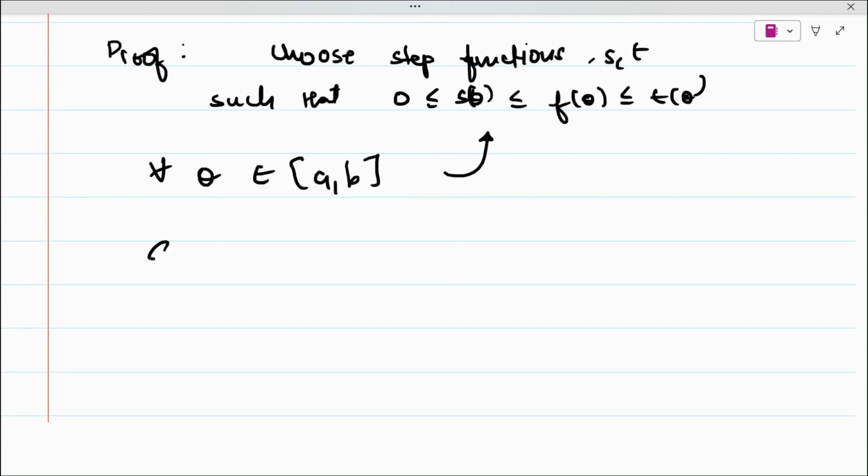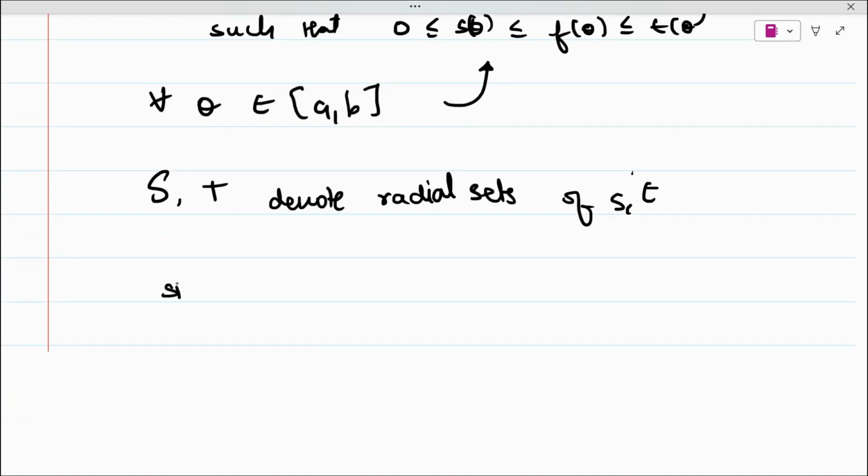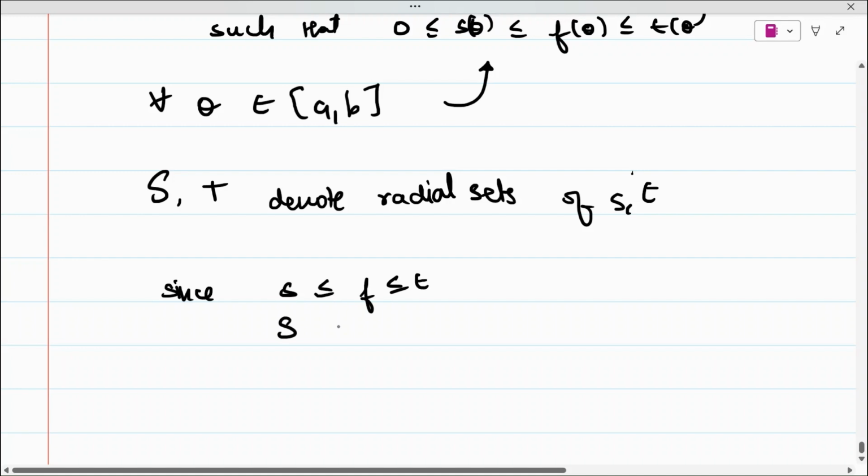Then let capital S and capital T denote their radial sets. Now, since s ≤ f ≤ t, we have a(S) ≤ a(R) ≤ a(T).